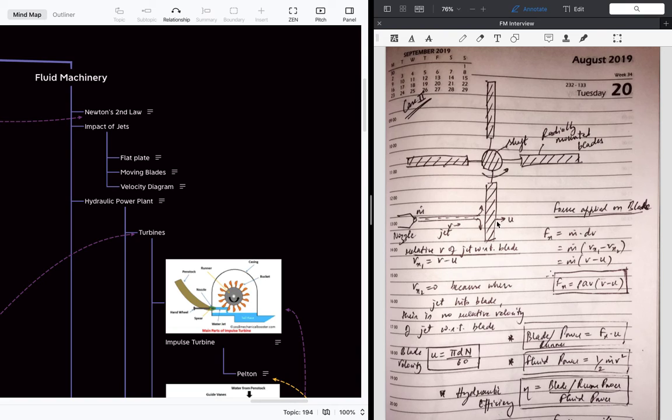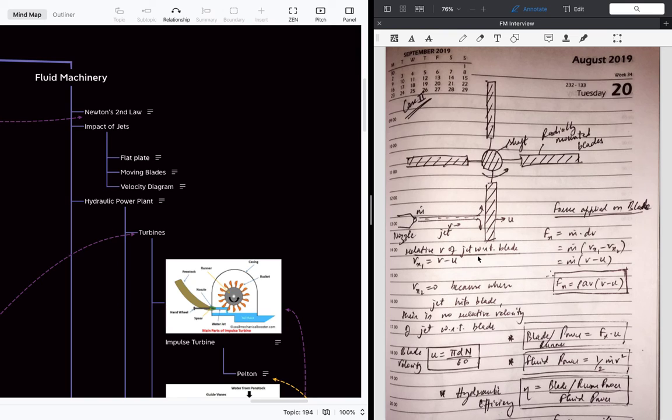If the blade velocity were greater than the jet velocity, then the jet would not even touch the plate, so that is not the case. In the actual situation, the velocity of the blade is less than the jet velocity, so the relative velocity is V minus u.